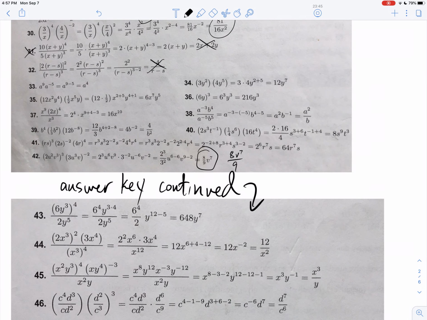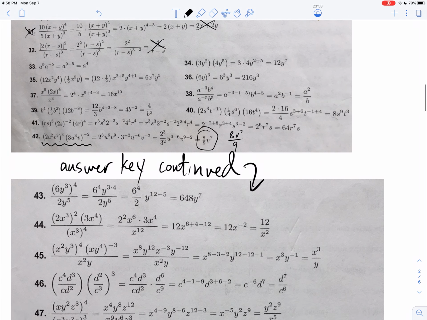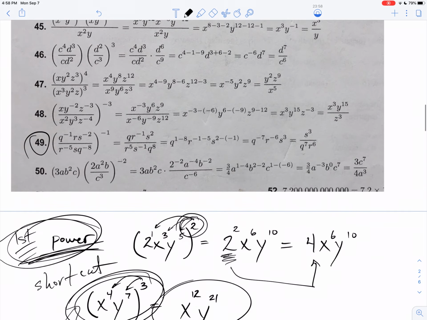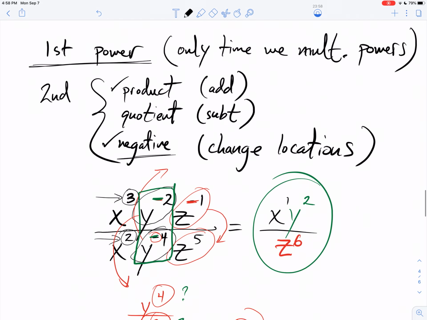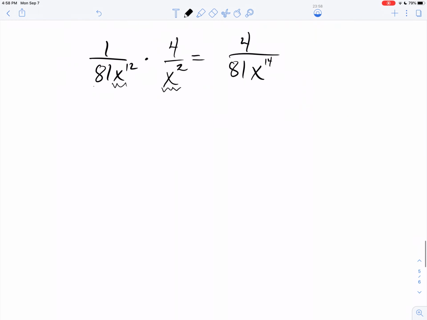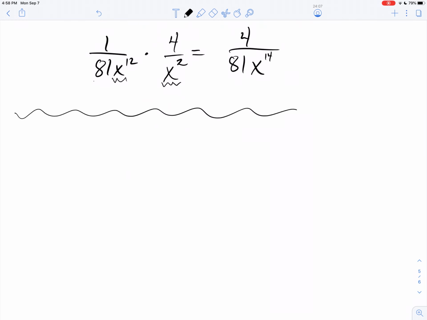I go, hey, see this problem here? It could happen. You can do all this stuff at the same time if you want. So let's see, how did they get this answer? So let's do something like 4 squared. So I'm just going to play with this.